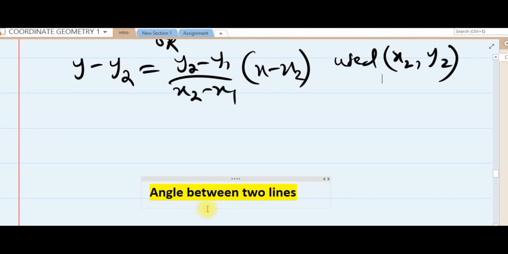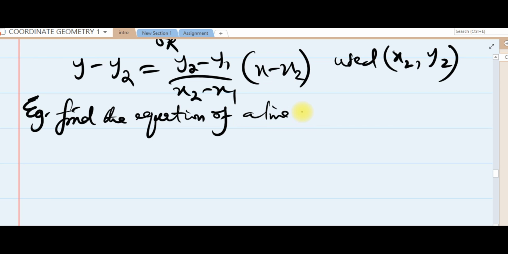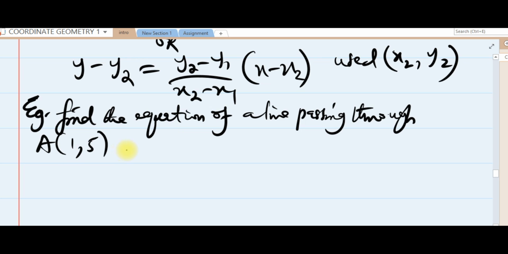So for example, if you are asked to find the equation of a line passing through A (1, 5) and (3, 7).